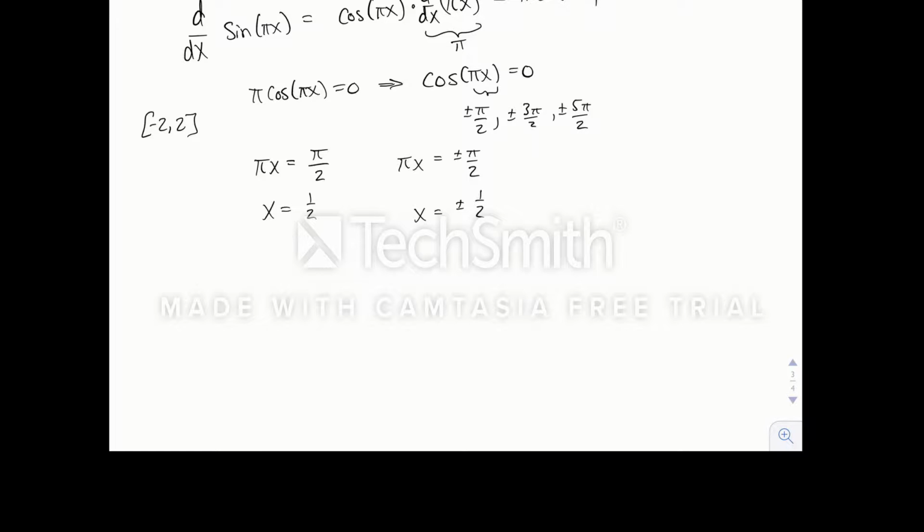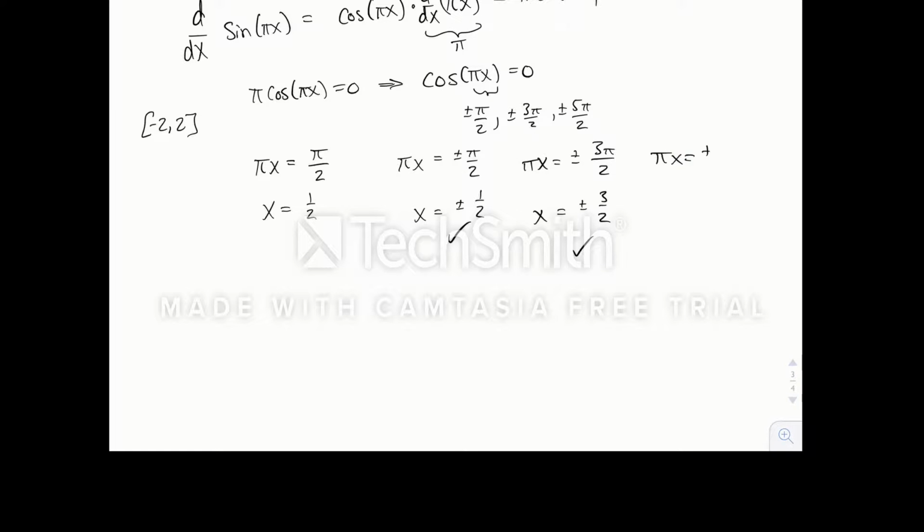Both of those are in our domain, so those are good. Pi x equals plus or minus 3 pi over 2, which when we divide by pi gives us x equals plus or minus 3/2, also in our domain because 3/2 is between -2 and 2.